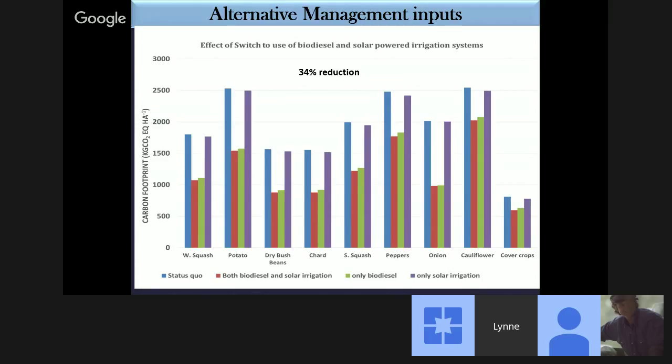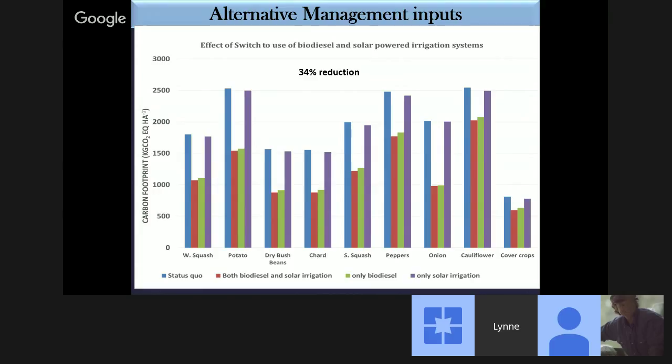So when we looked at this farm's situation, you can see that the status quo, the current situation, is that blue line. Compare it to switching the irrigation from its current electric power onto a solar system. We compare the blue line and the purple line. Moving irrigation to a solar system barely reduced the footprint at all.